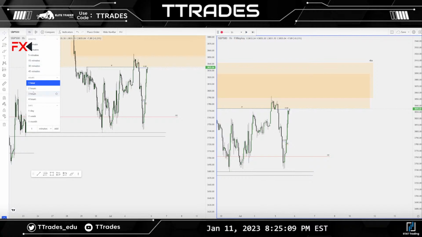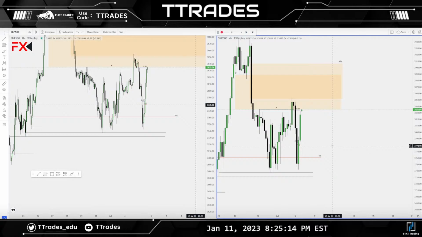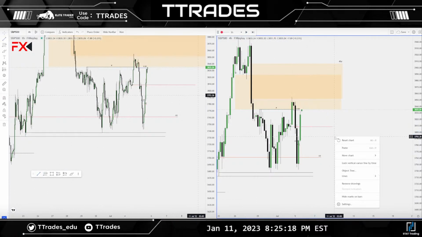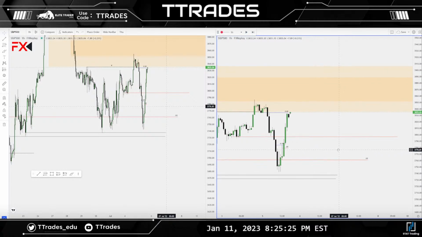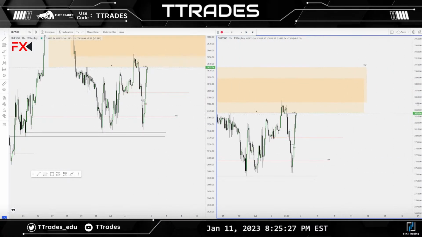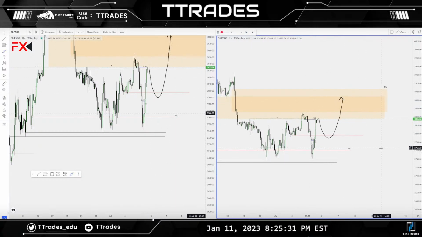Actually, go to the 4-hour. I want to take the aggregation there. Those ones. Likely what I'm expecting long term here: dip, move up.